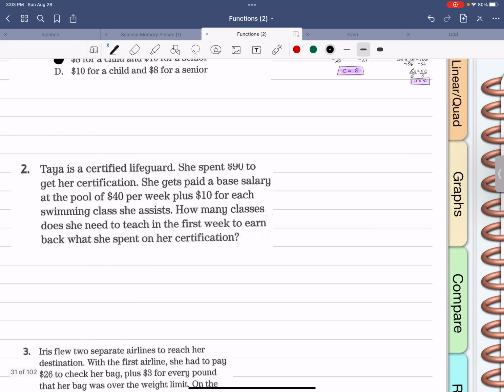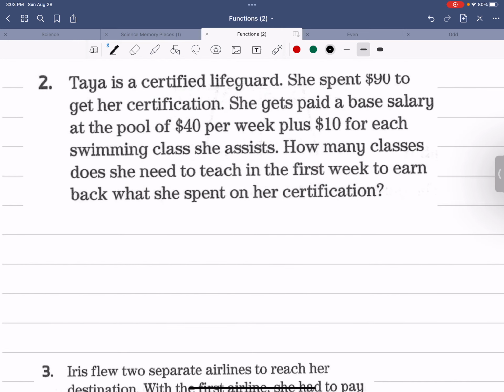So this one is telling me that what we want is to make the certification balance her weekly salary. So we're trying to get these two to break even.